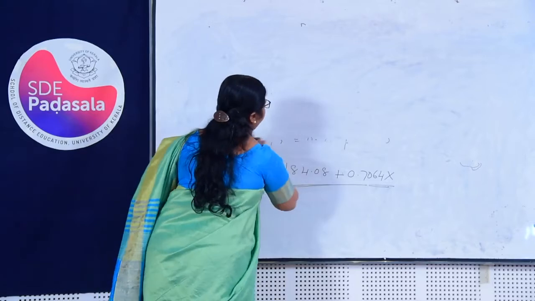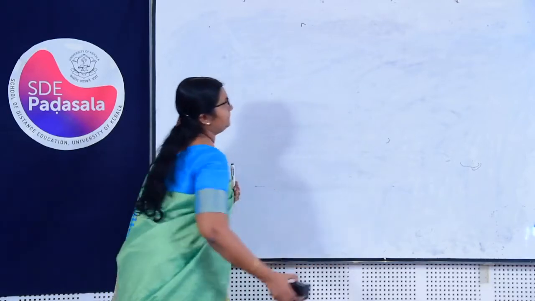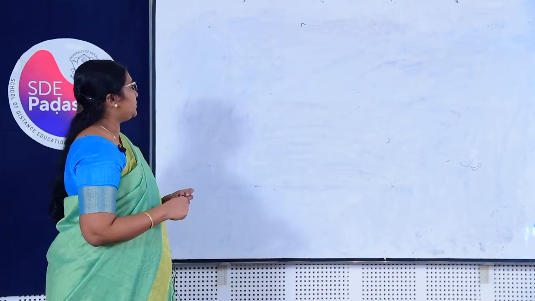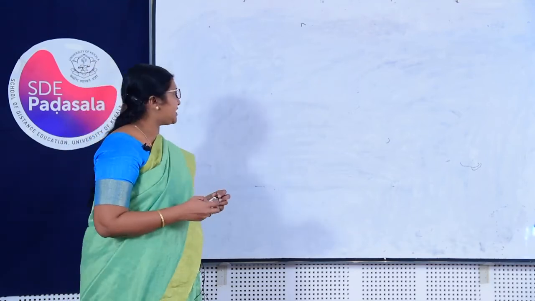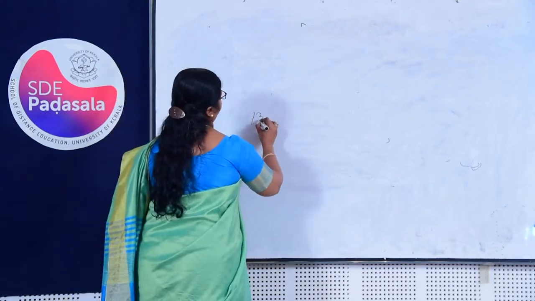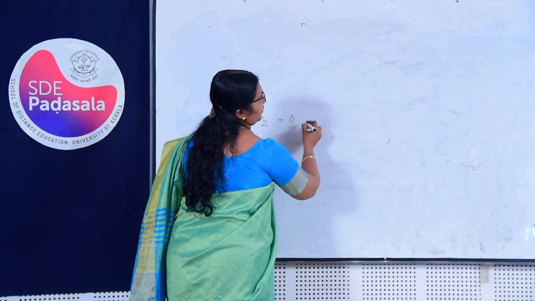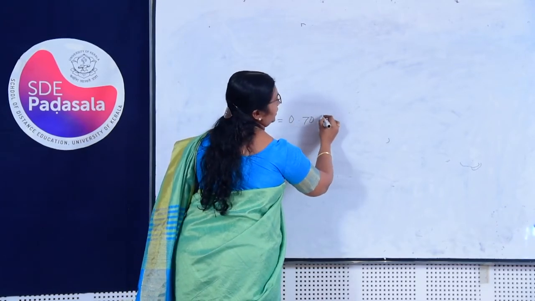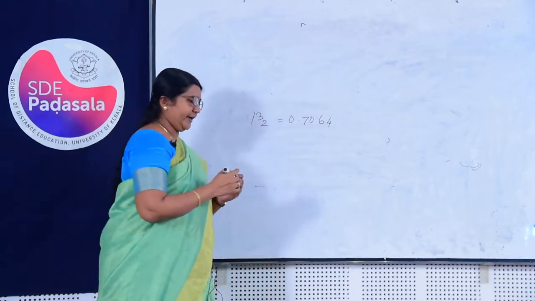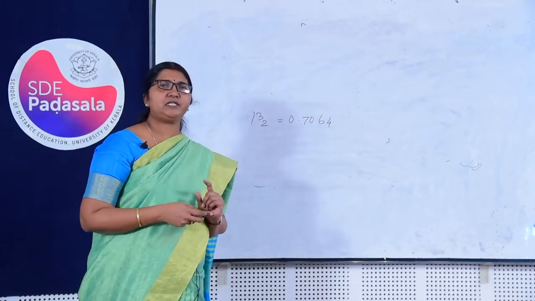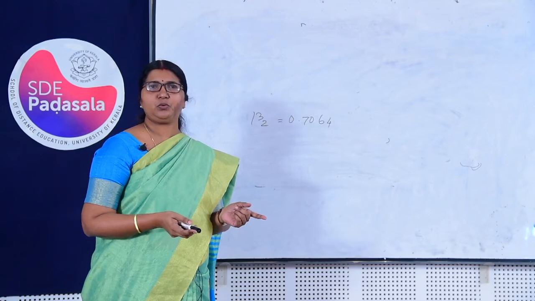Next step is testing of hypothesis. We have estimated that beta 2, that is the marginal propensity to consume, is equal to 0.7064. According to the Keynesian consumption function, the value of the marginal propensity to consume lies between 0 and 1.